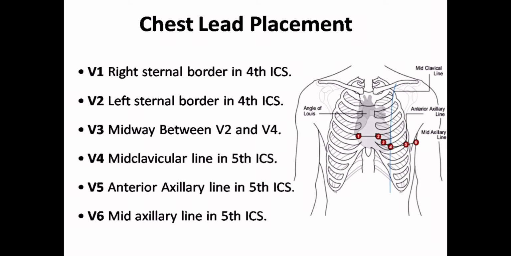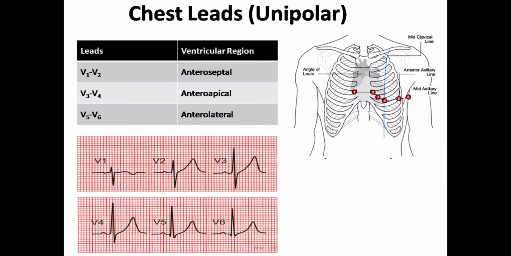What is the importance of these unipolar chest leads? The chest leads V1 and V2 represent the anteroseptal portion of the heart, whereas V3 and V4 represent the apical portion of the heart, that is the anteroapical portion, and V5 and V6 represent the anterolateral portion of the heart.